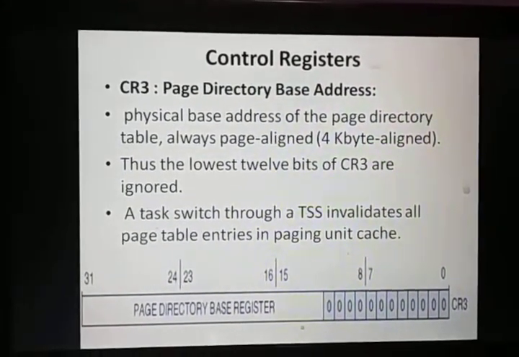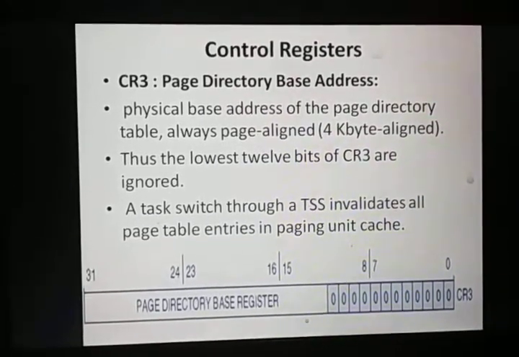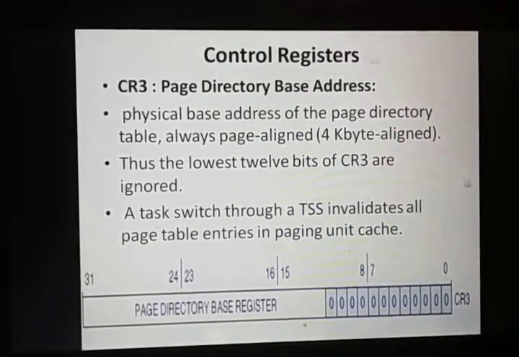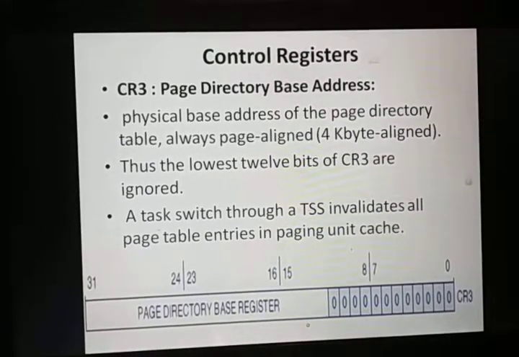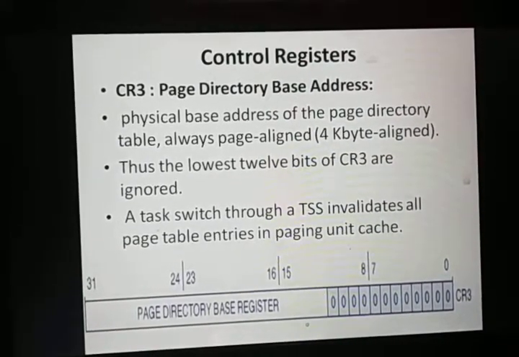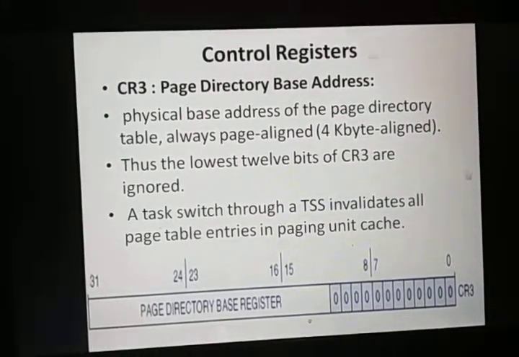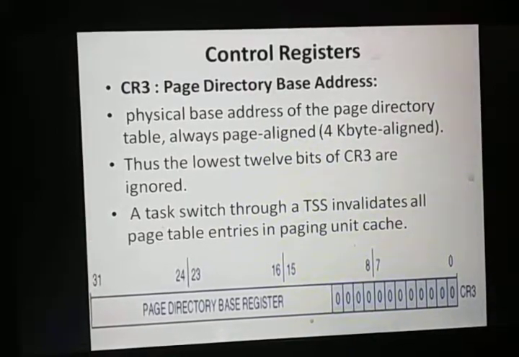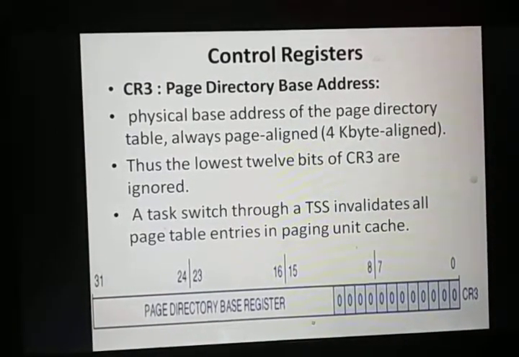So this is your page directory base address register. For proper understanding, you have to see the lecture on the page translation mechanism. First we have to study the page translation mechanism, and then you can understand the working or functionality of CR3.